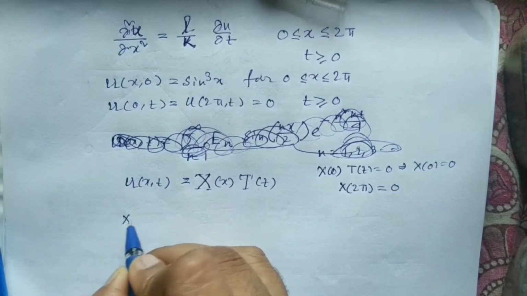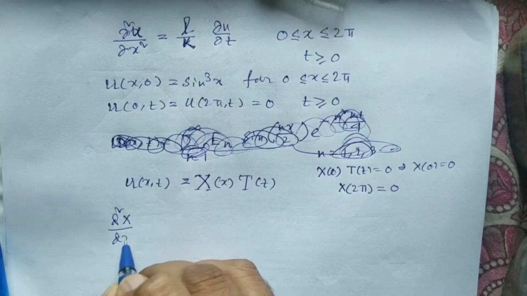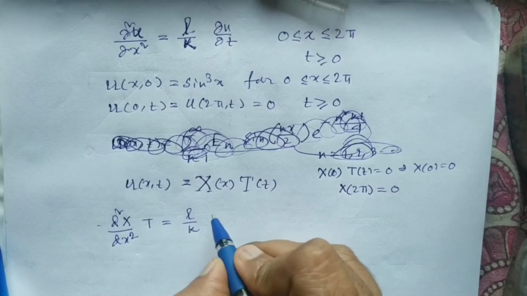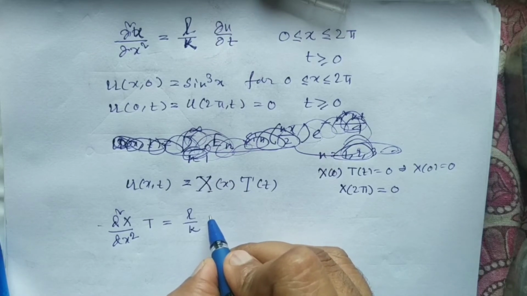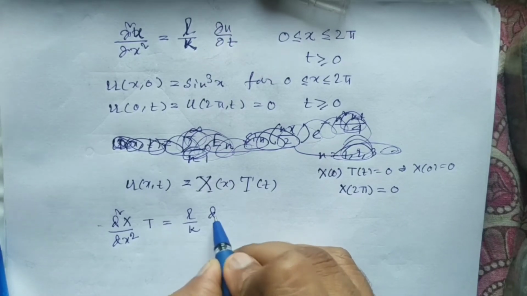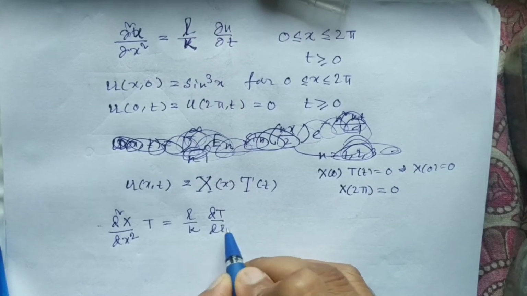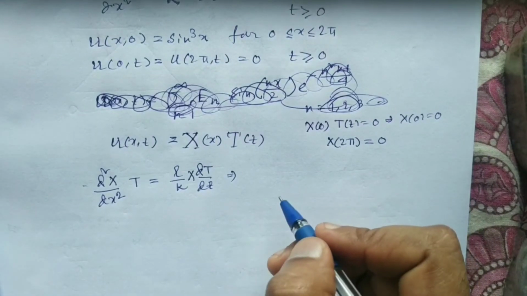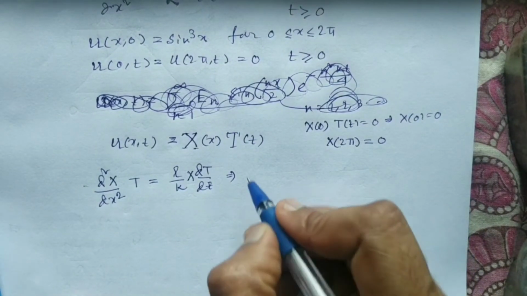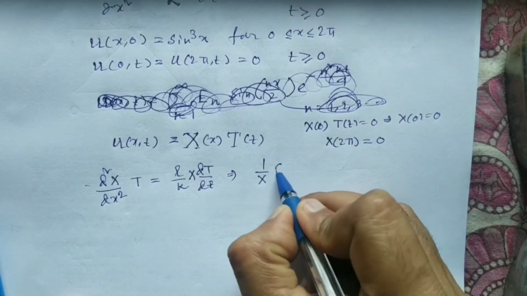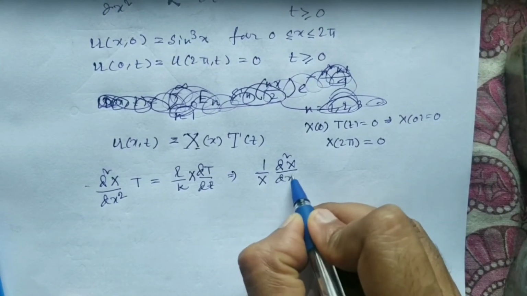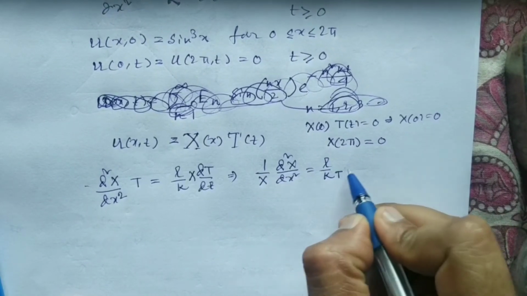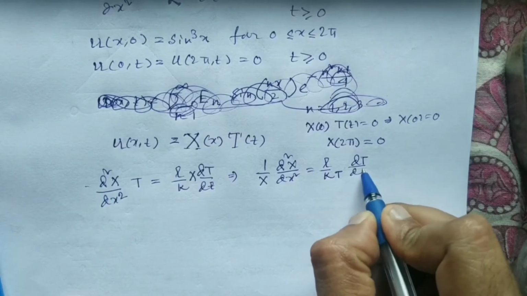Let's start. So this is X'' T = (L/k) T' X, and we will separately write this equation like (1/X) d²X/dx² = (L/(kT)) dT/dt.